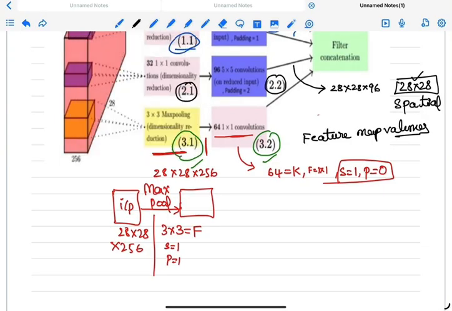For this we get the output 28 cross 28 cross 256.